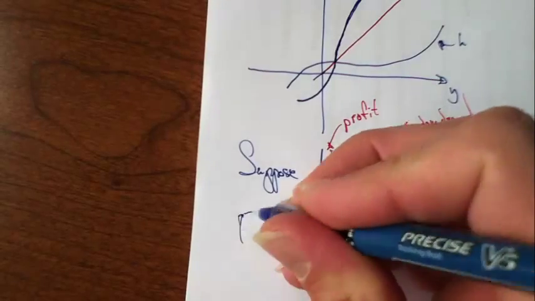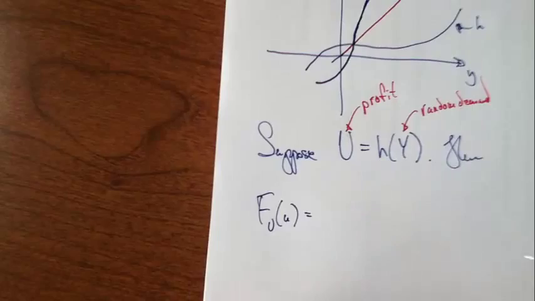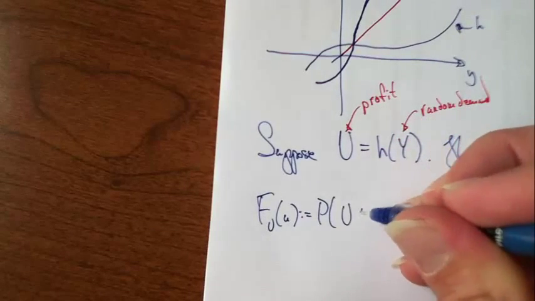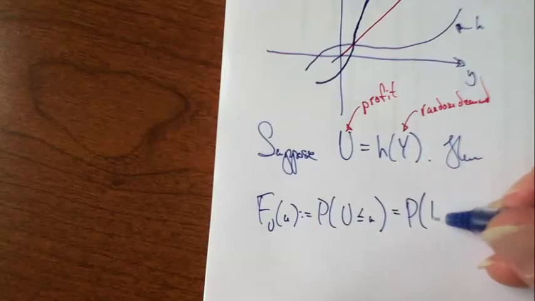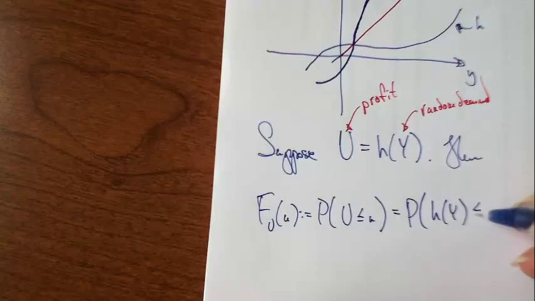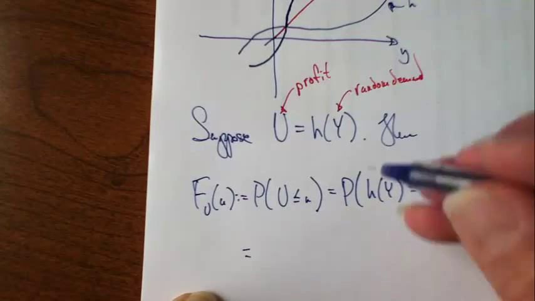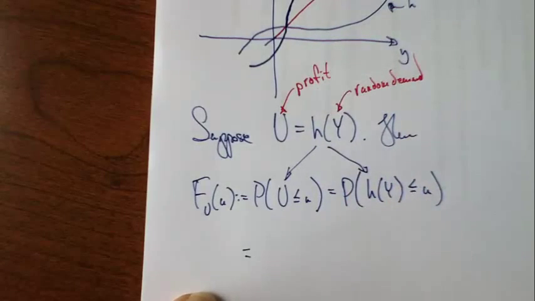Then the CDF of u is defined to be, of course, the probability that u is less than or equal to little u, which is the probability that h of y is less than or equal to little u. Just subbing in the h of y for u.